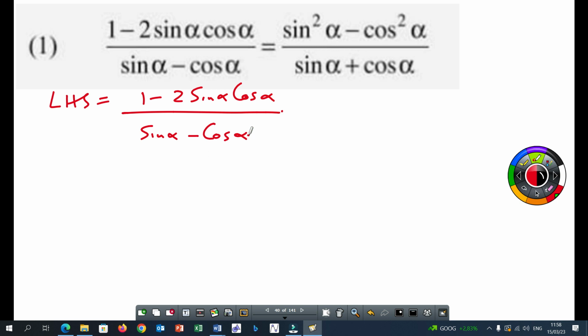Please remember, when you are proving identities, you have to apply concepts from algebra. Factorization is one of them. You have to know your algebraic fractions. Those are key concepts. The reason why trigonometry becomes challenging to most people is because their algebra is not very strong.